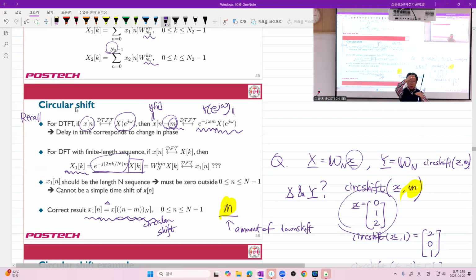Because if we upshift or downshift without circular shift, some entries of the original vector will disappear. In that case, we may not directly relate the DFTs before circular downshift and after circular downshift. And it makes very good sense.